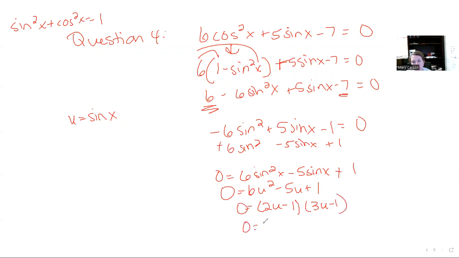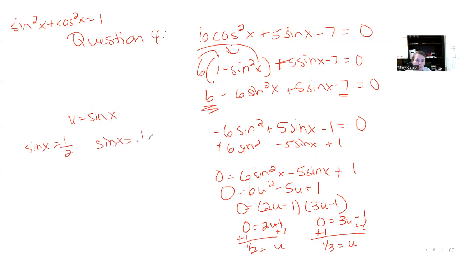You set both equal to 0. Add 1, divide by 2. So 1/2 equals u. Add 1, divide by 3. And you get that. And then the last thing we would do is sine of x equal to 1/2, and then sine of x equal to 1/3.